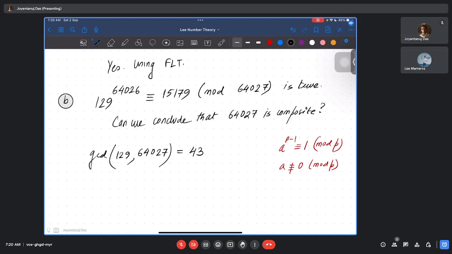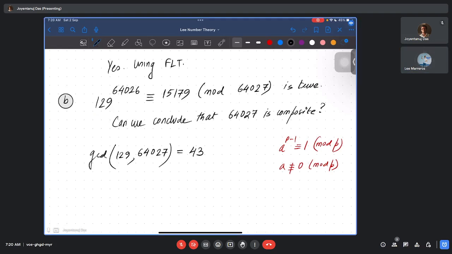So the thing is, in Fermat's theorem, a is not divisible by p. Whether a is a smaller or larger quantity, that is equivalent to saying that a and p are coprime. Here that is not happening.